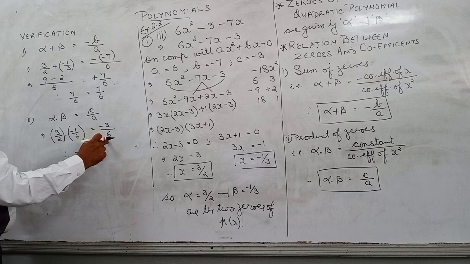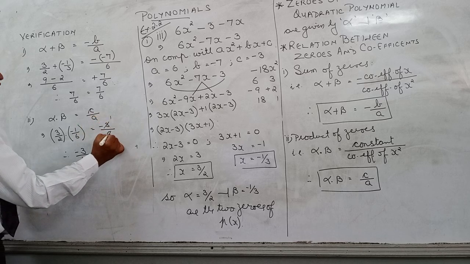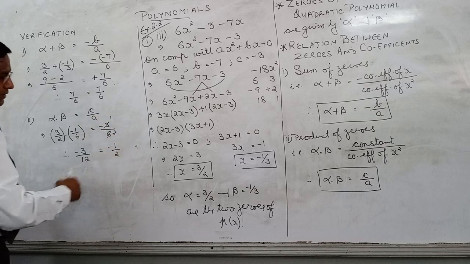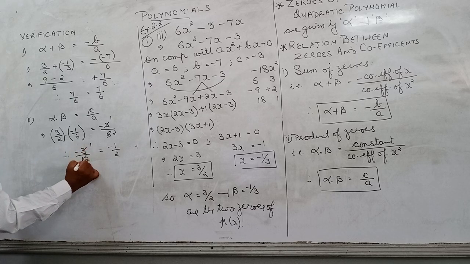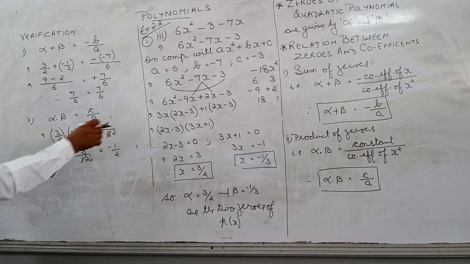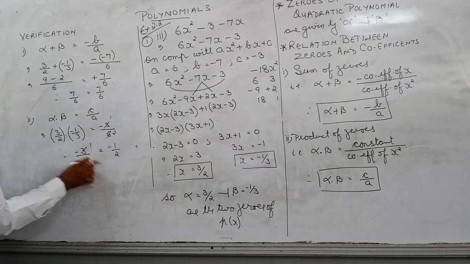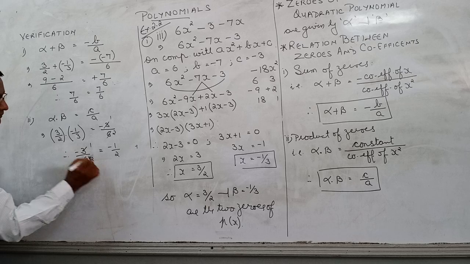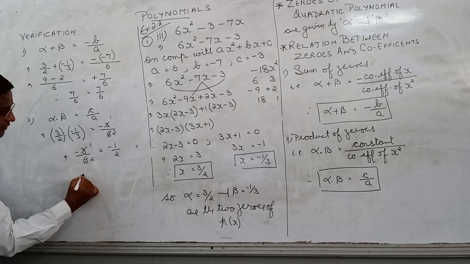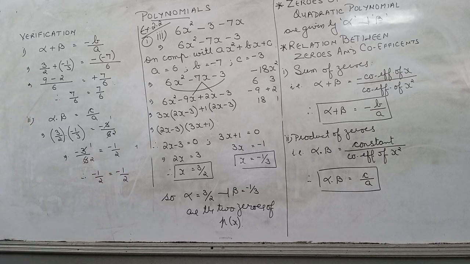So what do I get over here? 3 1s are 3, 3 2s are 6, minus 1 by 2. That is a mistake. Beta was minus 1 by 3, not 1 by 6. So 2 3s are 6, 3 1s are 3. Therefore, what do we get? Minus 1 by 2 is equal to minus 1 by 2.